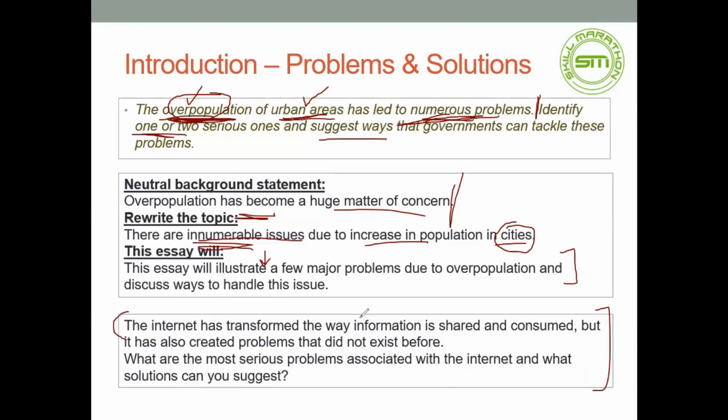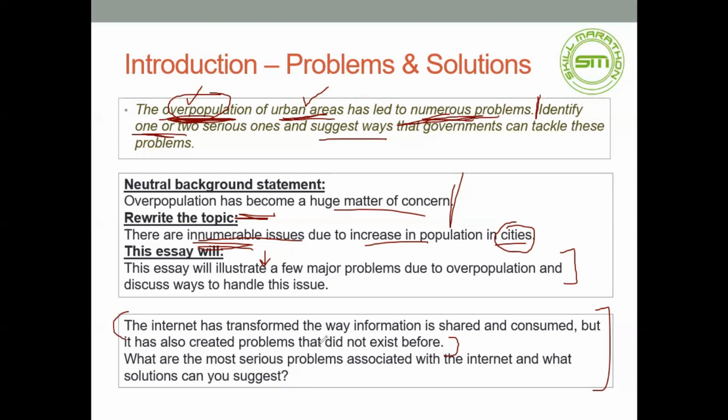So our question talks about how the way we receive and send information through internet has changed lately, and because of which there are some problems which are being created. So you need to talk about what problems are caused because of increased usage of internet and transferring information, and tell how you can curb or reduce these problems.